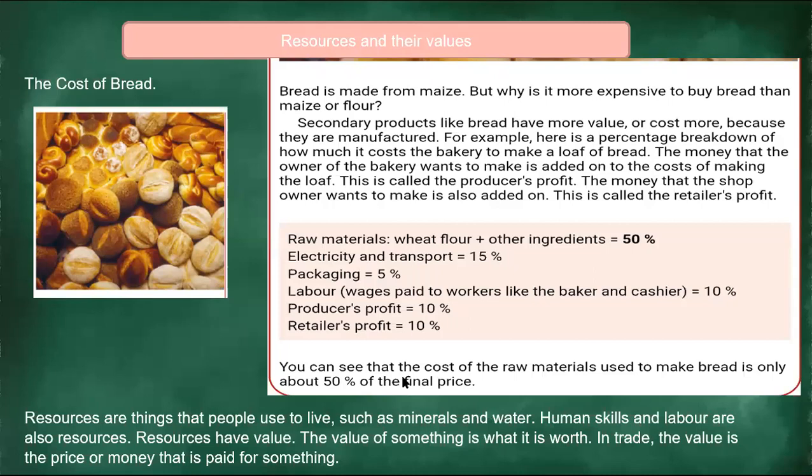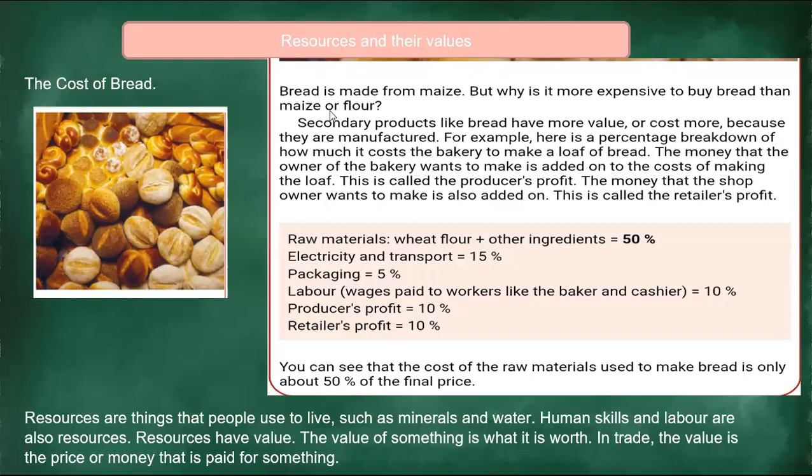Thank you very much, Helena. As Helena read, I believe you guys understood. Bread is made from maize, okay? Maize is the raw material for making bread. But why is it more expensive to buy bread than maize or flour? That's what we are going to look at.